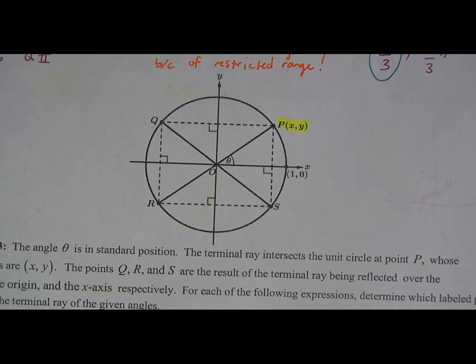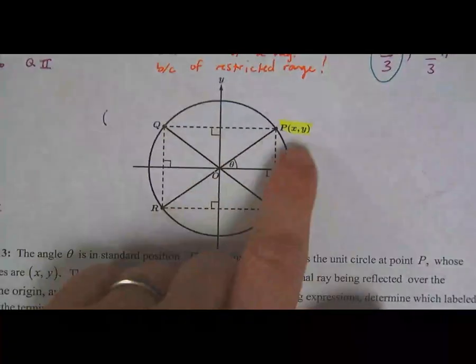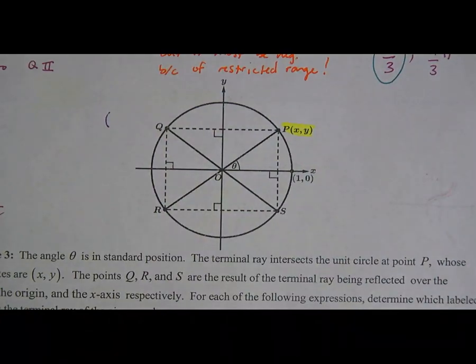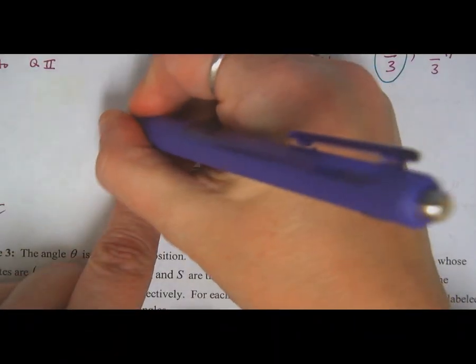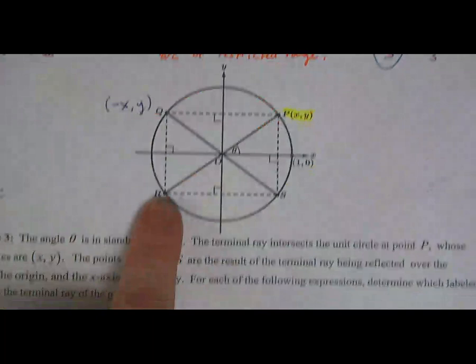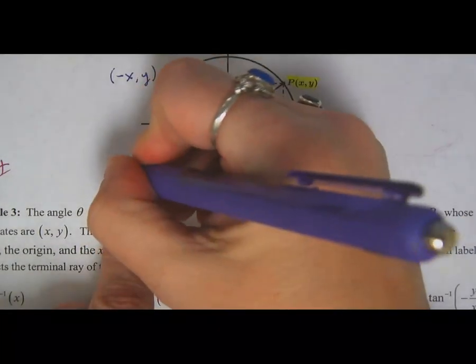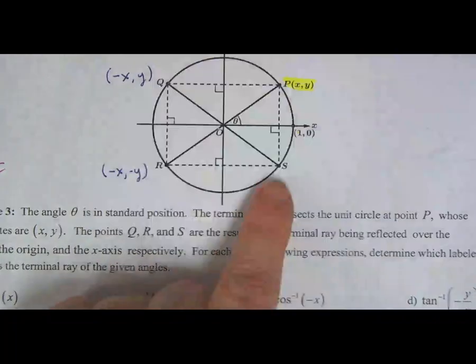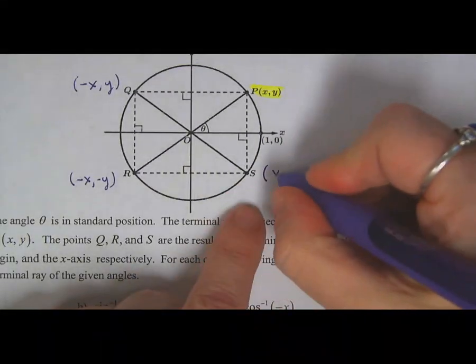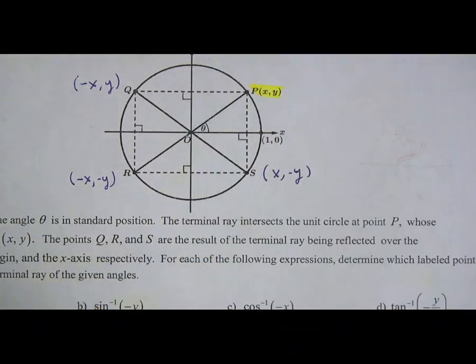So before we start, I want you to work your way around the circle, and I want you to label points Q, R, and S. What would you label point Q in relationship to point P? Negative x, y. What would point R be? And what would point S be? Easy peasy.